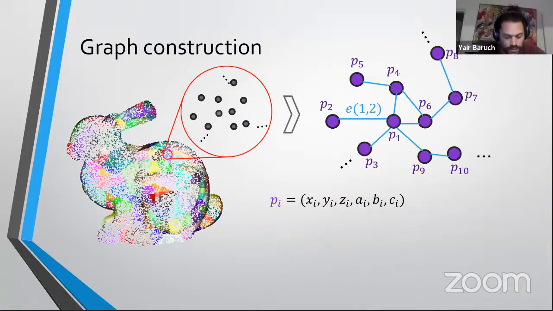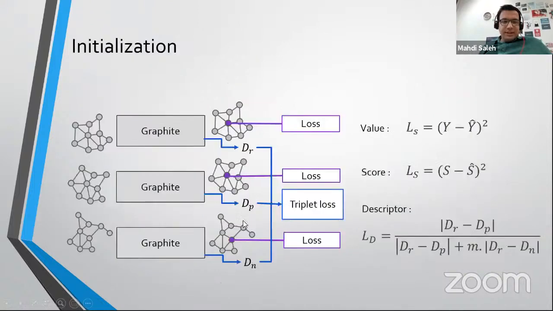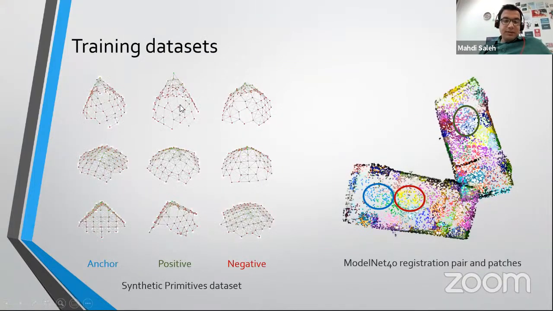Thanks. My second technical question is, how do you choose the primitives and how do you define the negative? It's not trivial to define a negative to a primitive. How do you do that? Yeah, this is a very good question, and you can put a lot of time into finding the negative sample.